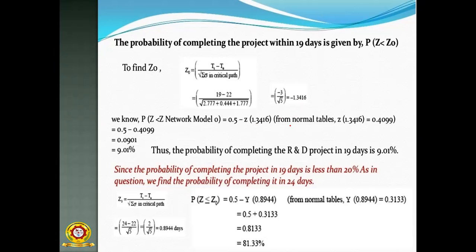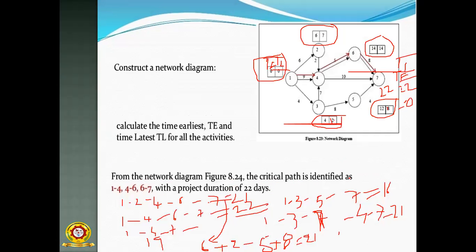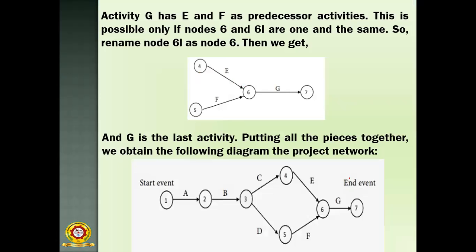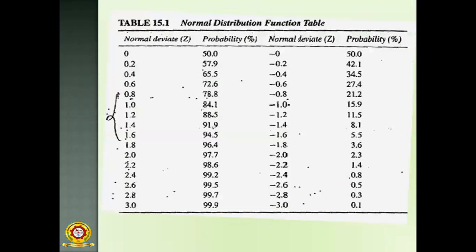Then you have to find the probability for this value of 1.3416. This is the Z value, and you have to look up 1.34 in the table. I already showed you in the previous classes. This is the Z value table.